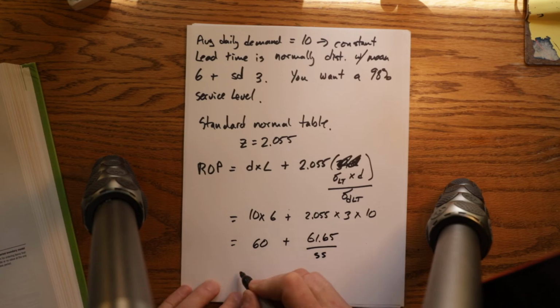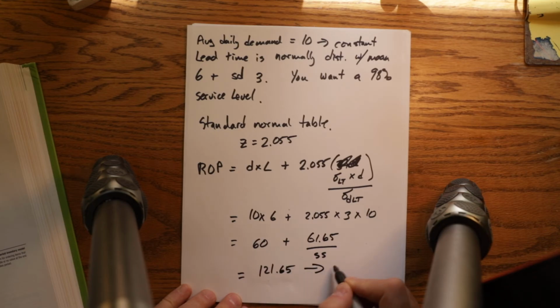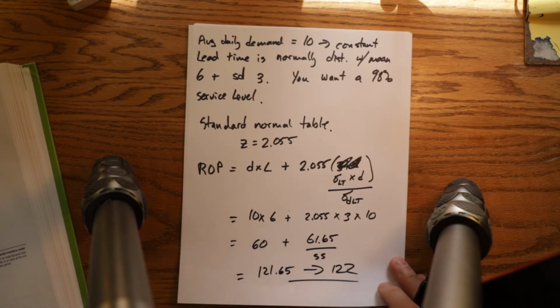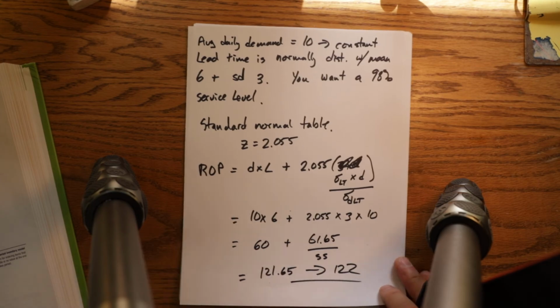Safety stock is equal to 61.65, and the reorder point is 121.65, about 122. Okay, so that's if demand is constant but lead time varies. The first one I showed you was where demand is variable but lead time is constant.